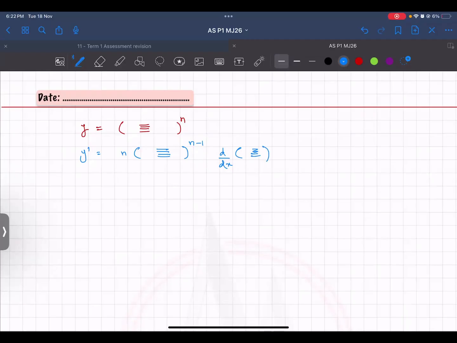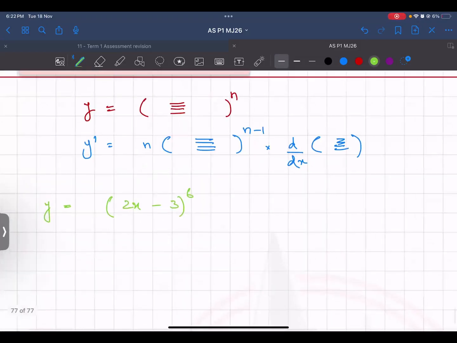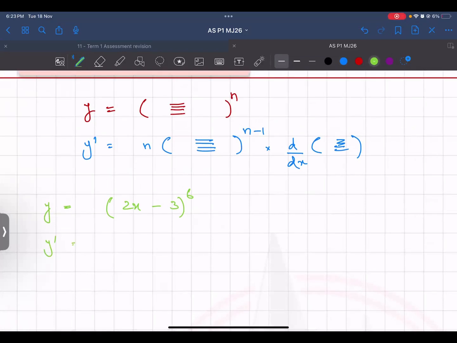This is the most complicated one for you. For an example, suppose y equals 2x minus 3 power 6. There's a bracket with something inside, raised to the power 6, and you're asked to differentiate this. Nothing changes inside the bracket.